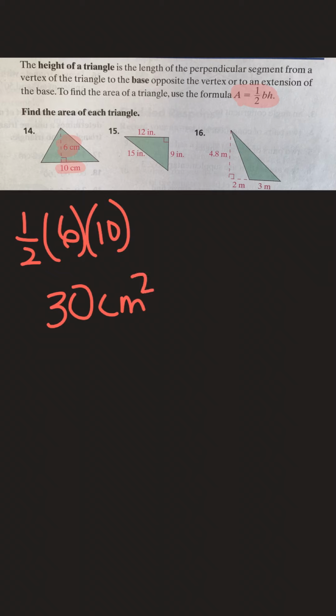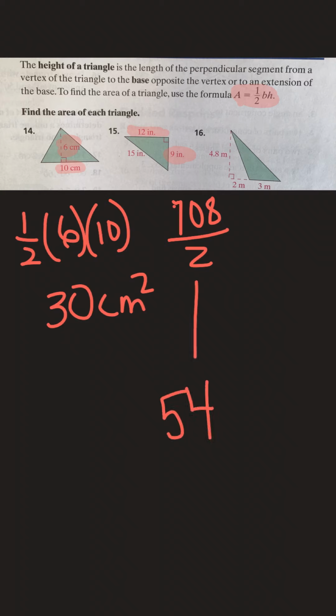This next one, the base is 12, the height is 9. Therefore, we go 12 times 9, which equals 108. Divide that by 2, it is going to equal 54 inches squared.